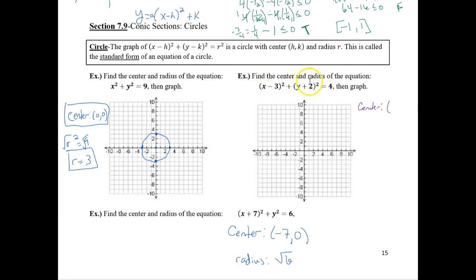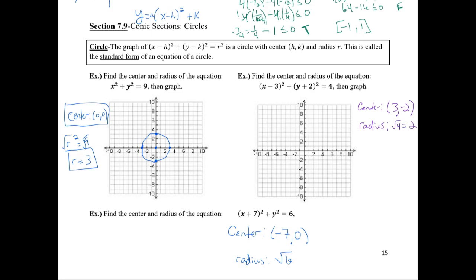And for the y value of that coordinate, it'll be negative 2. So again, taking the opposite sign. This is negative 3. My center will be at positive 3. This is positive 2. My center will be at negative 2. So the center is at 3, negative 2. And my radius will be the square root of 4, which is 2.